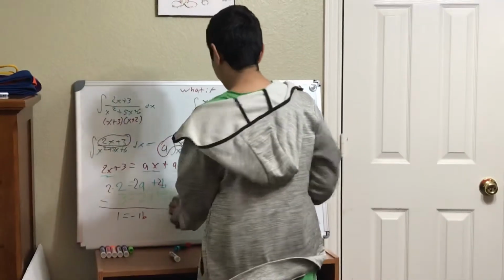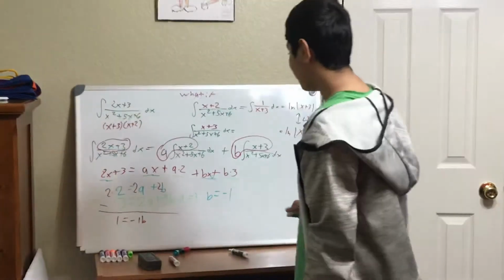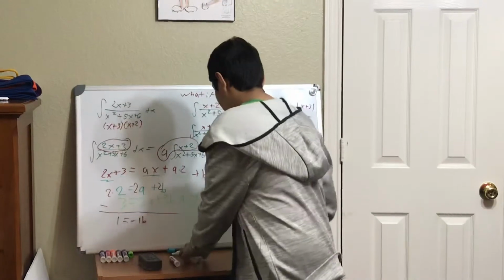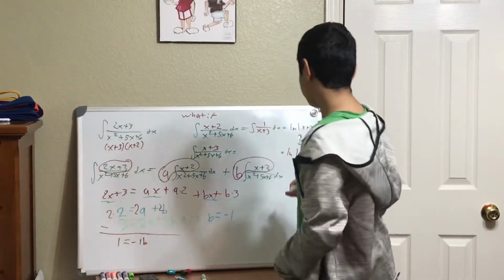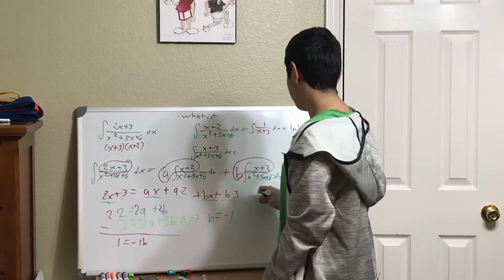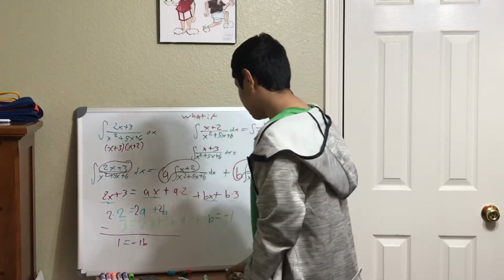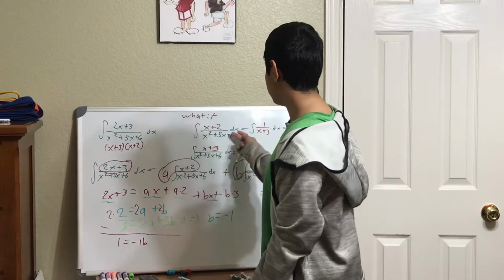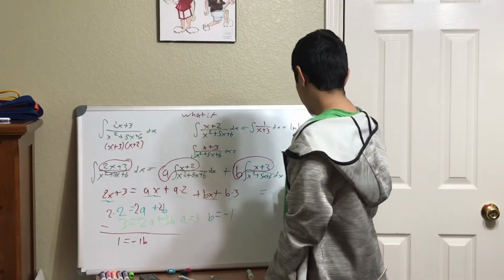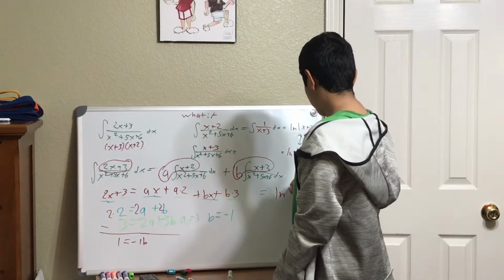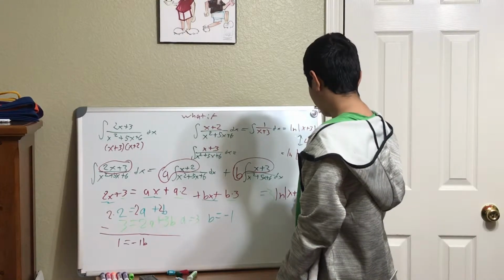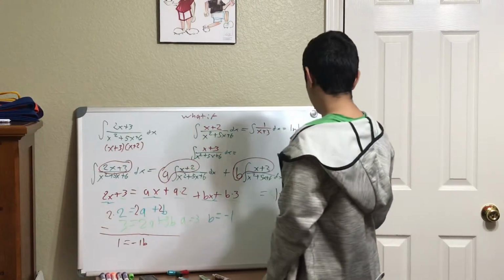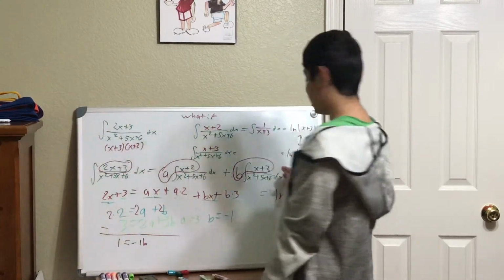Cool. Now we have our a and b, so let's plug them back in here. So the original integral is equal to a, which we know is 3, times this guy right here, which is ln of absolute value of x plus 3, plus our b times this guy.